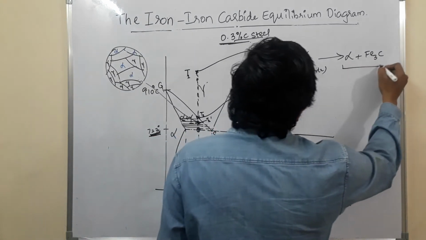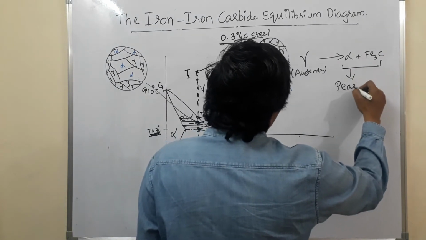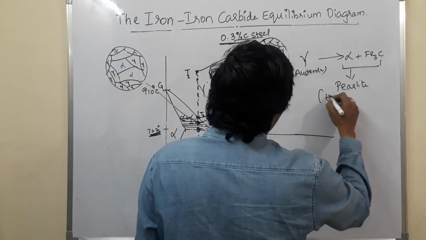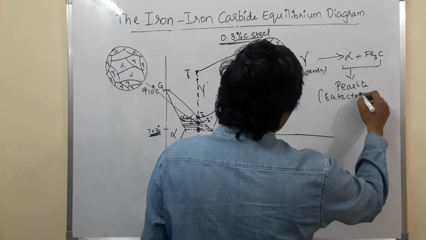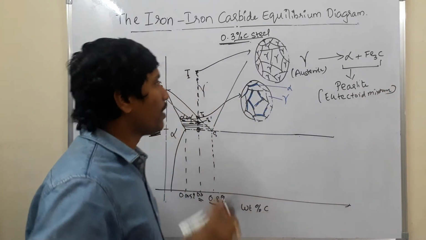This eutectoid mixture is called pearlite.